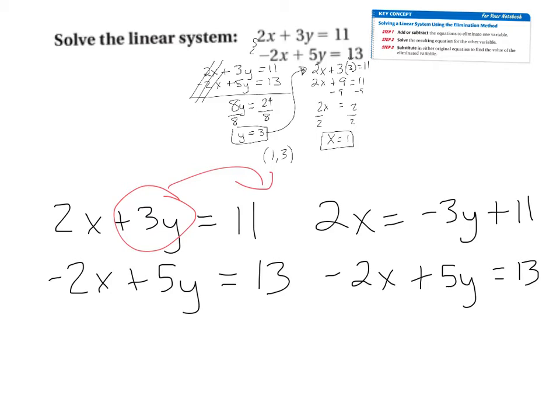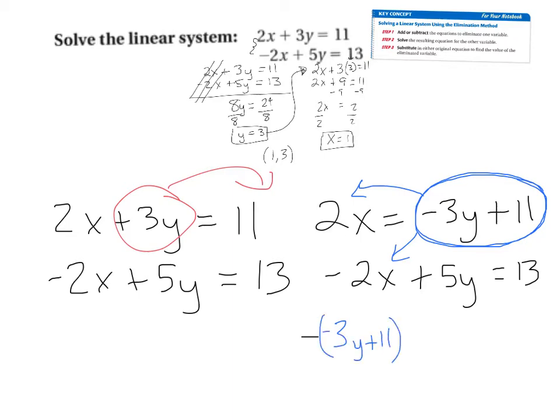Watch. You can show that this is what's equivalent to 2x. Well, why don't you put this wherever you see a 2x? So I'll do that. We're substituting into the second equation, negative 3y plus 11.